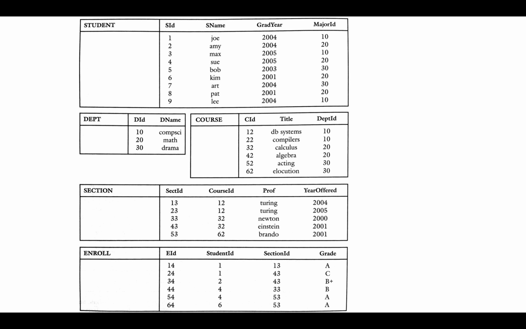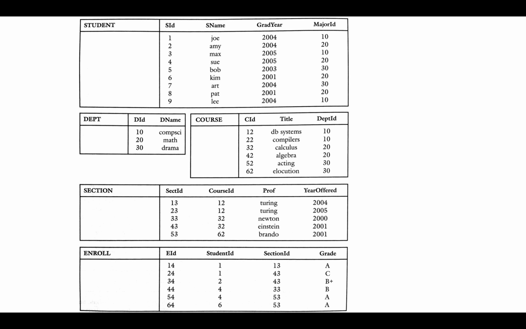So usually we say one course can be associated to many sections. Whereas in this enrollment, we might see a many-to-many relationship, where one student might be enrolled in many sections, but then one section can have many students.